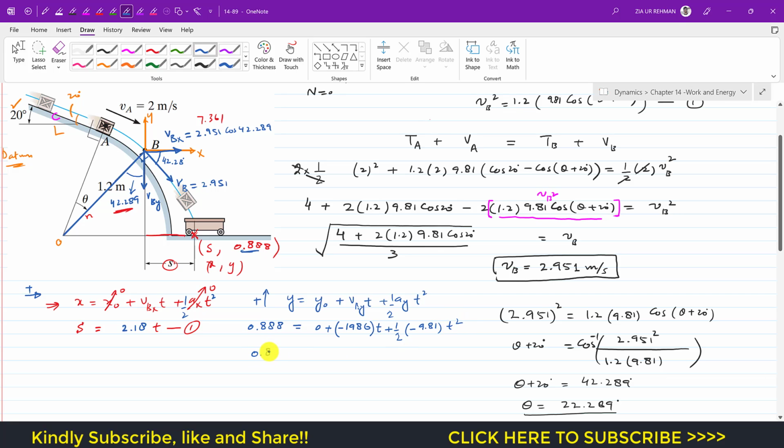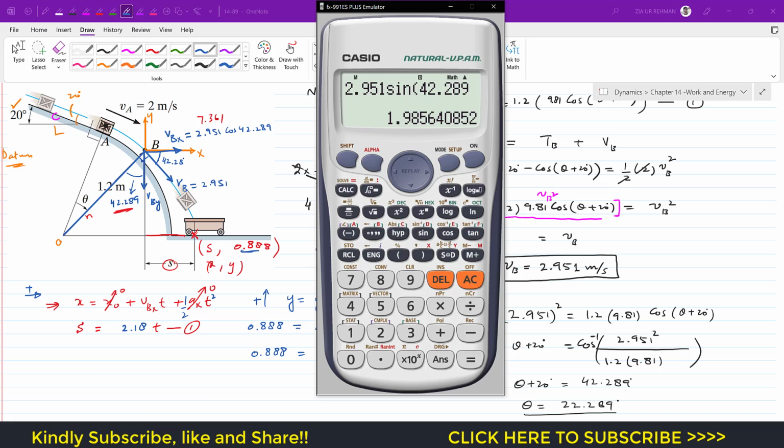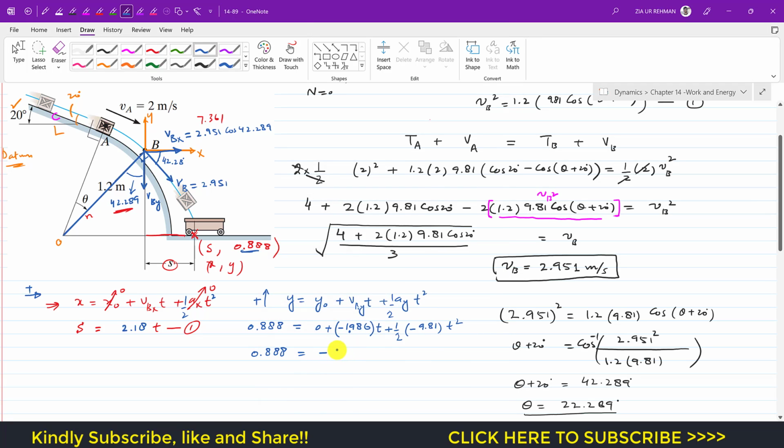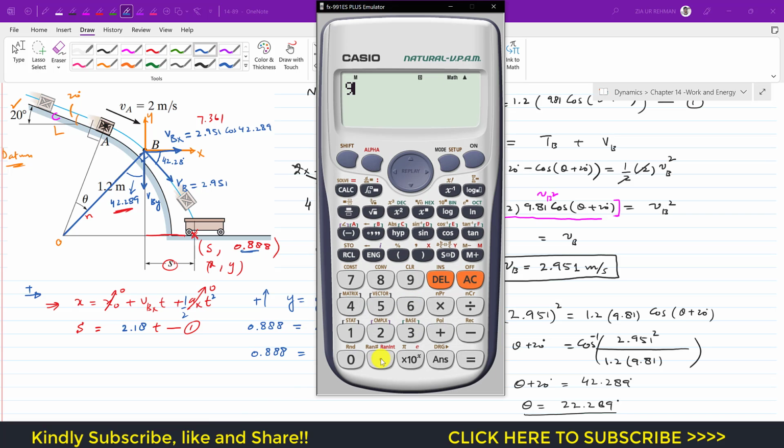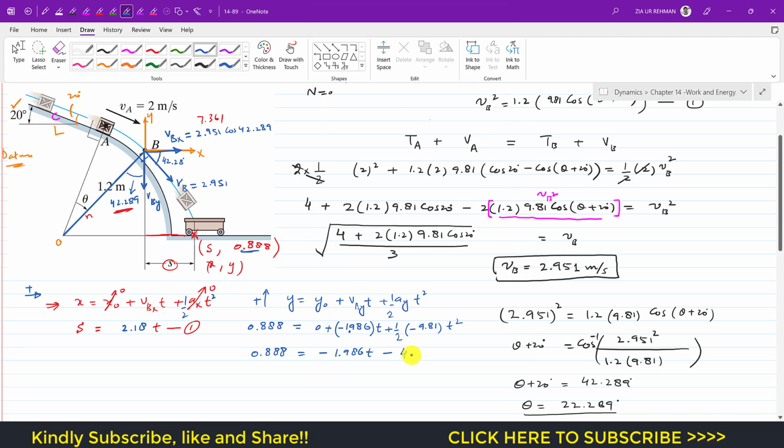So this is 0.888, and this is minus 1.986 into t, and this is minus 9.81 divided by 2, which gives us 4.905, minus 4.905 t square.